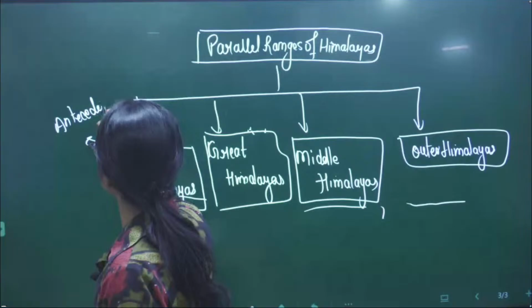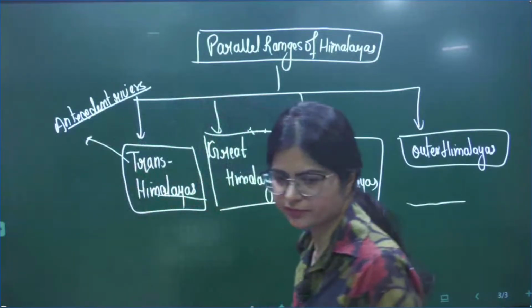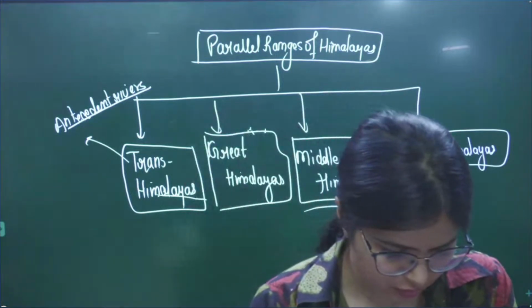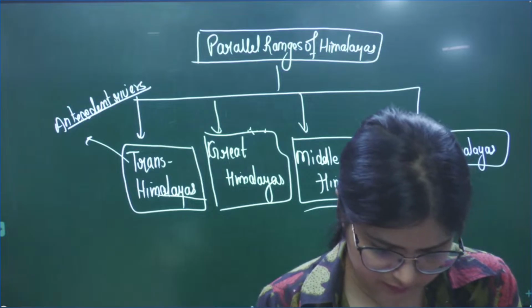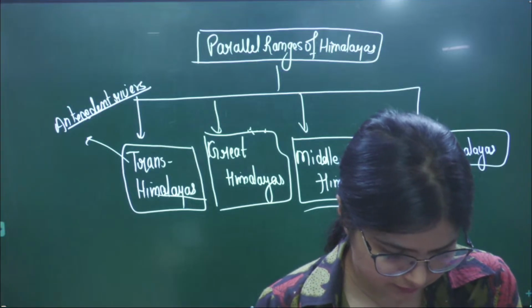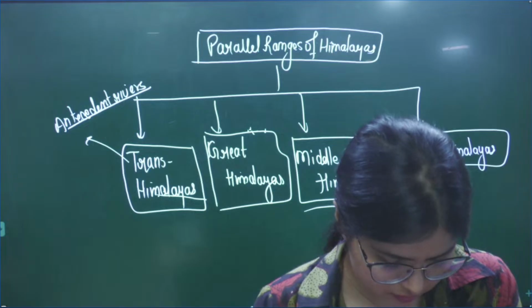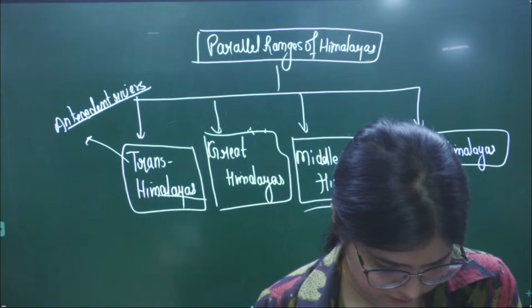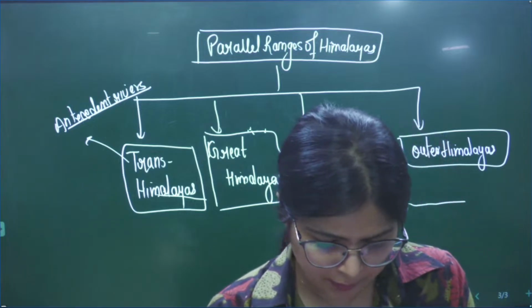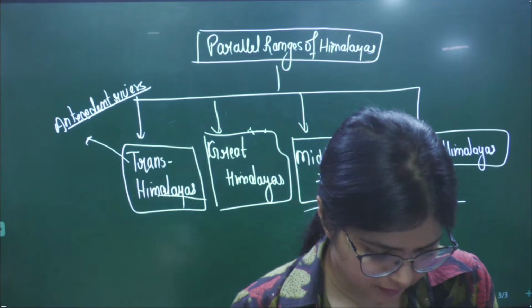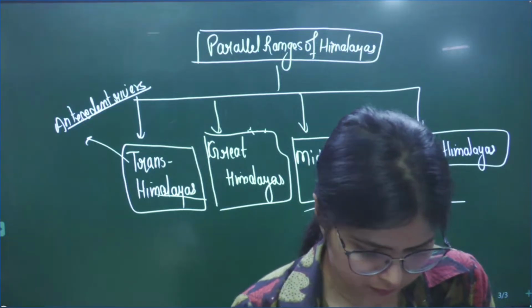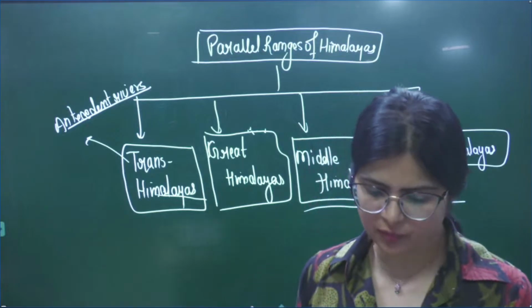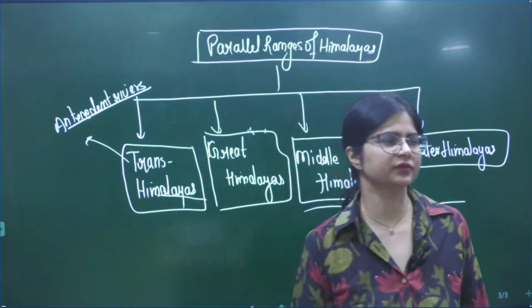Antecedent rivers like Satluj, Indus, Brahmaputra and Sanko originate from this region.